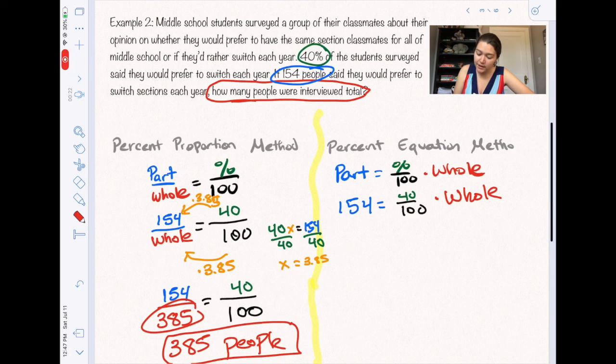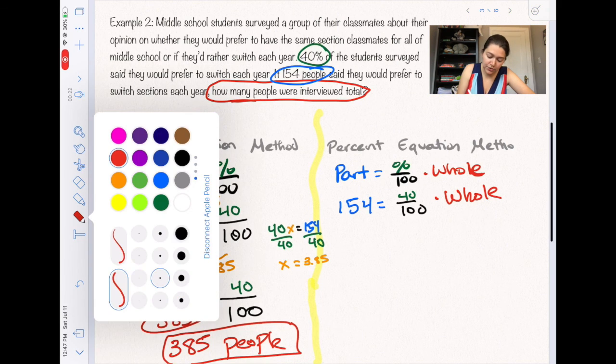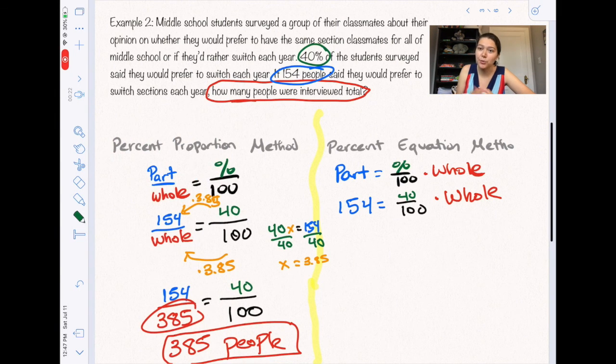Okay, so this time I'm going to show you how we could do this with a decimal and with a calculator. So 40 hundredths, we should be able to convert pretty easily into a decimal. When we read it, 40 hundredths, that's going to be equivalent to 40 hundredths that we could write in decimal form. Since our denominator is 100, then we can go to the hundredths place, 2 decimal places, and fill in 40.